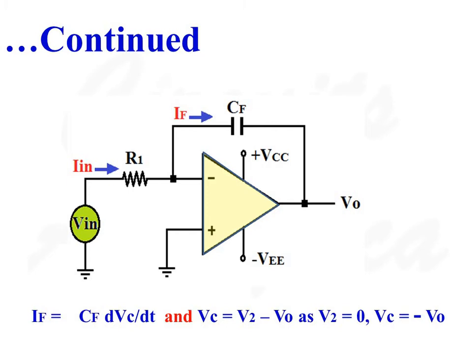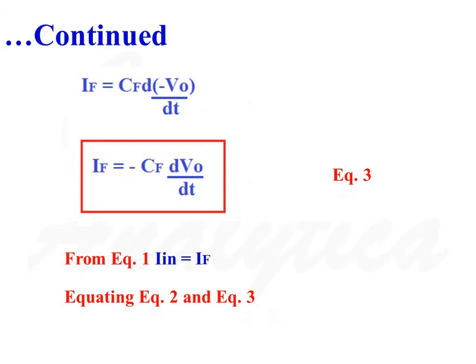And Vc is equal to V2 minus V0. As V2 is equal to 0, we will get Vc is equal to minus V0. Therefore, we can write If is equal to Cf into d(minus V0) divided by dt, or If is equal to minus Cf dV0 by dt, equation number 3.